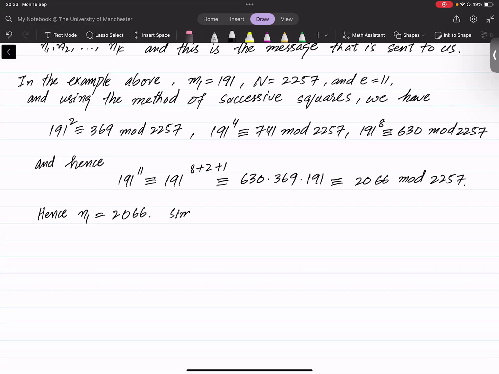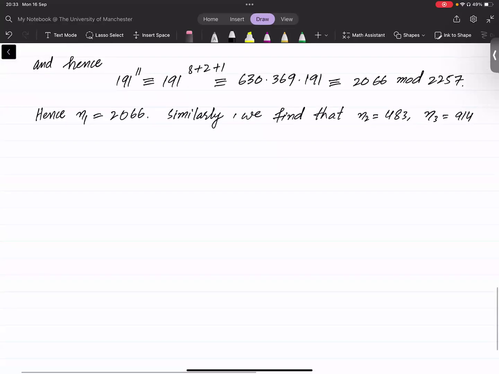Similarly, we find that N2 is 483, N3 is 914 and N4 is 1808, and so on.